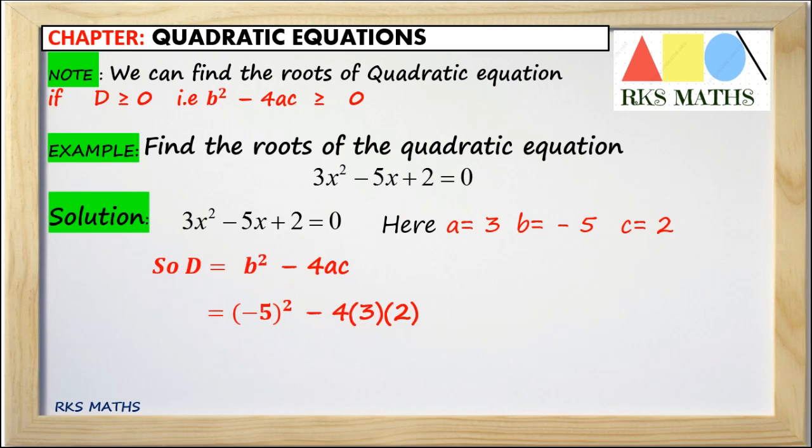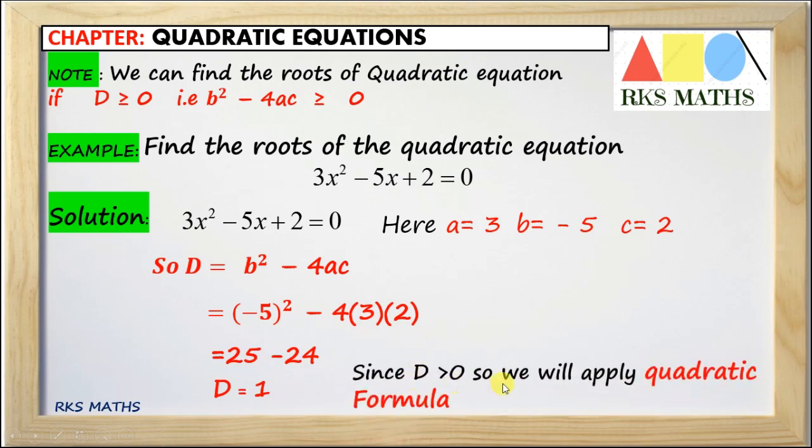Putting the values of a, b, c in the formula of the discriminant, we put b as minus 5, so it becomes minus 5 whole square, minus 4 into 3 into 2. So this becomes minus square is plus, 5 square is 25, minus 4 threes are 12, 12 twos are 24. So this becomes 25 minus 24, which comes out to be 1.